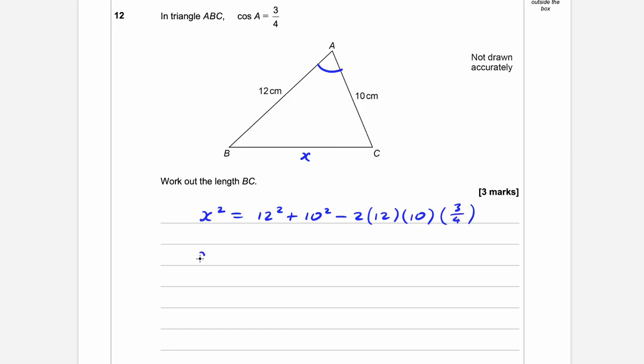Okay, x squared is therefore equal to 144 plus 100 minus, okay, let's do this. 2 into 2 goes once, 2 into 4 goes twice, 2 into 2 goes once, 2 into 10 goes 5 times. So it's 5 times 12 is 60. 60 times 3 is 180.